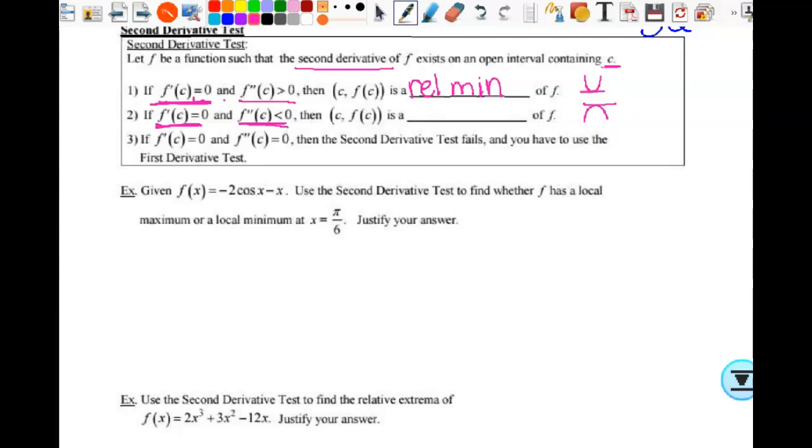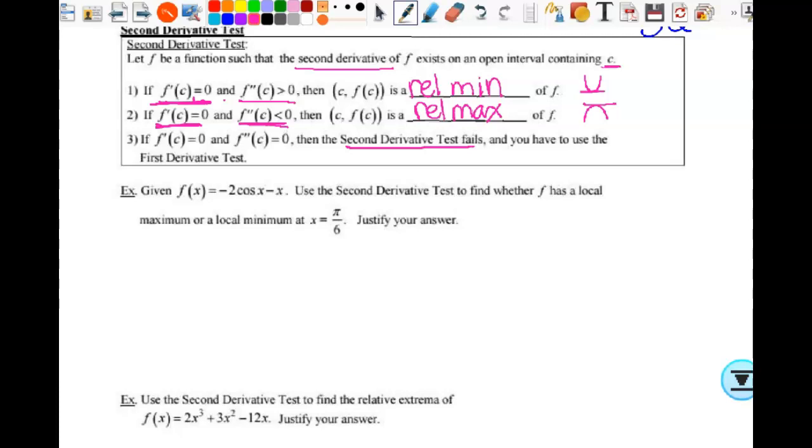So that means I have a relative max. Okay, make sense? All right. So if f prime of c equals 0 and f double prime of c equals 0, then the second derivative test fails and you have to use the first derivative test. Okay. We all good with that?